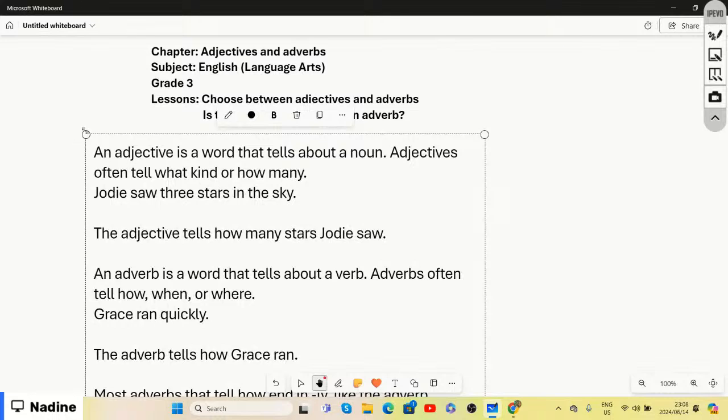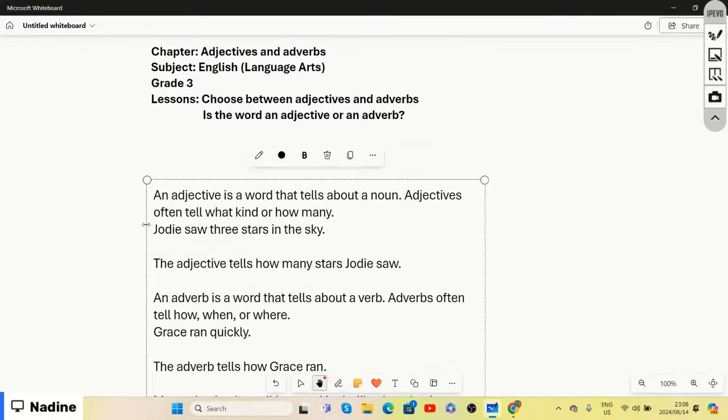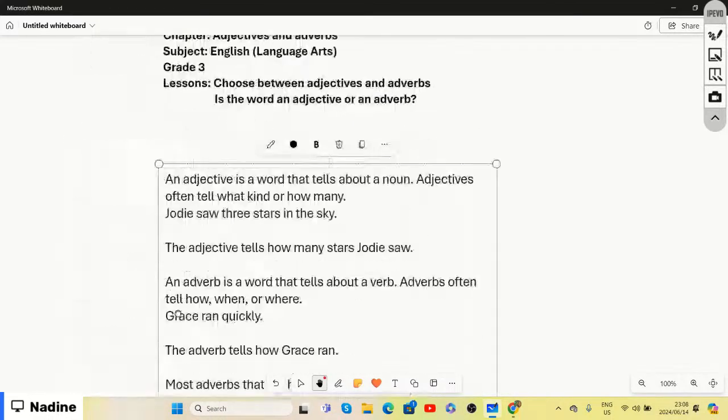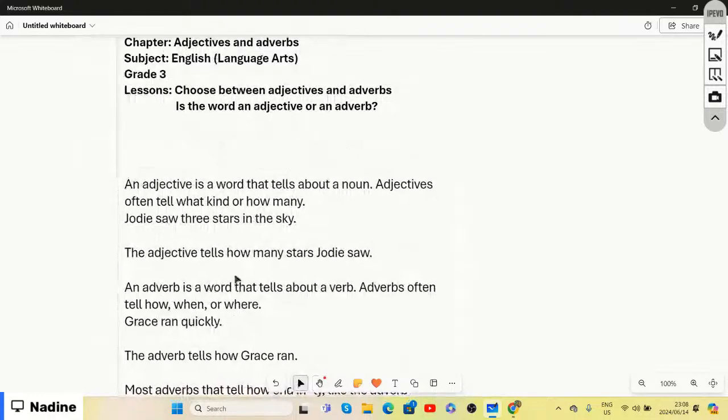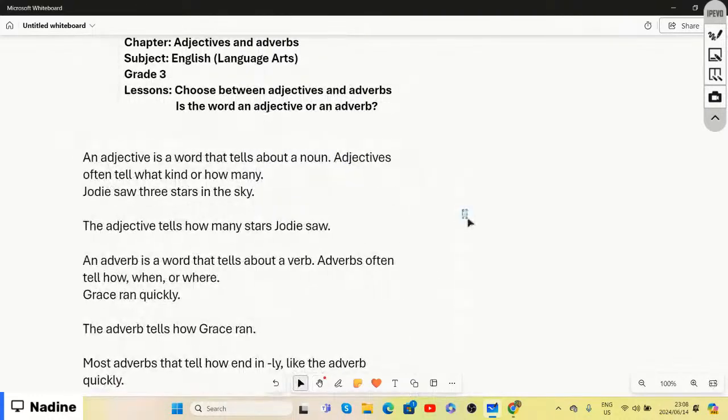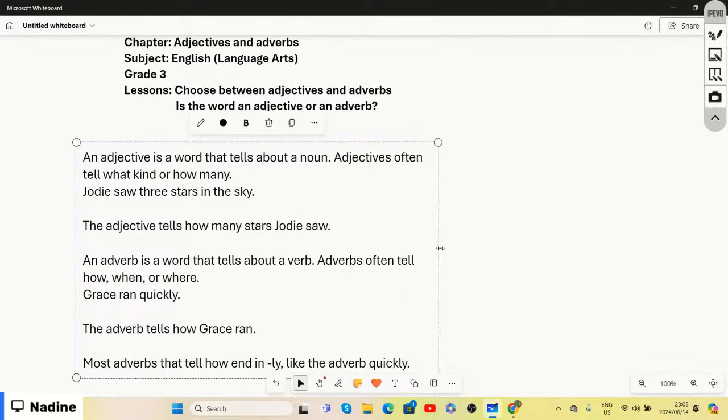So an adjective is a word that tells us about a noun. And usually when it comes to adjectives, they either tell us about the noun, or describe the noun, or we can even say it modifies the noun. With adjectives, they either ask us things like what kind or how many.